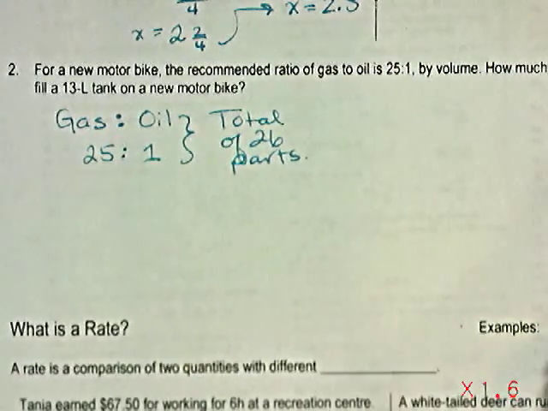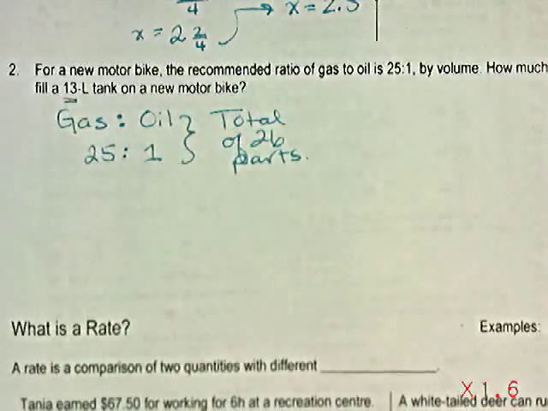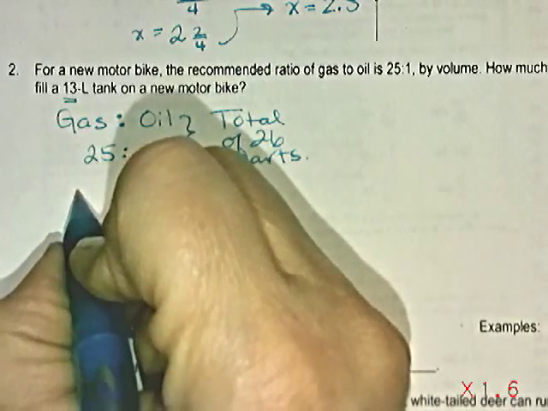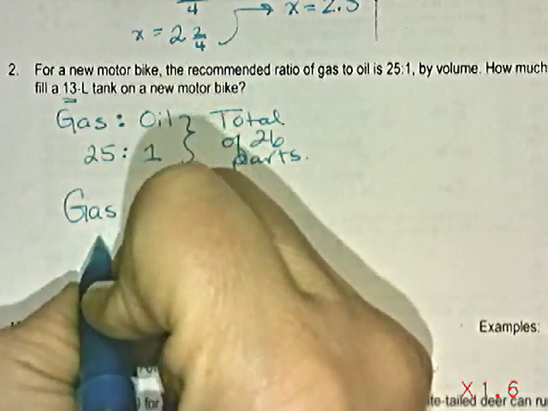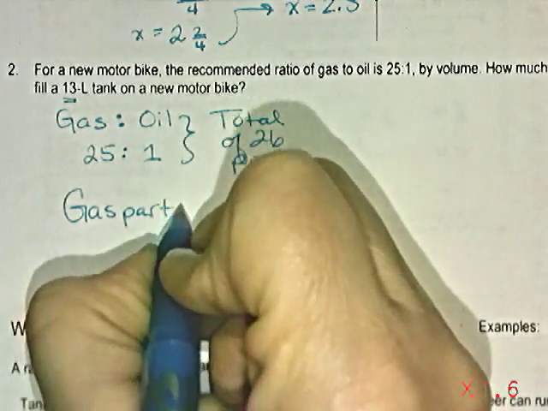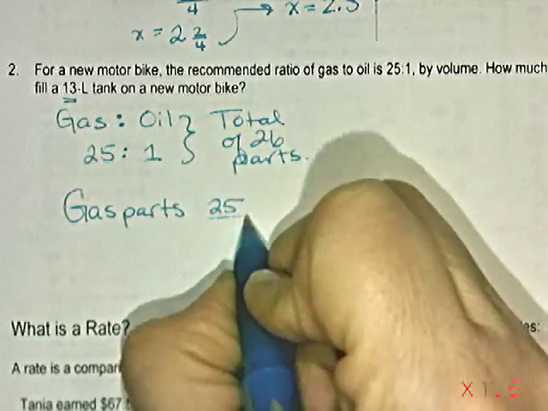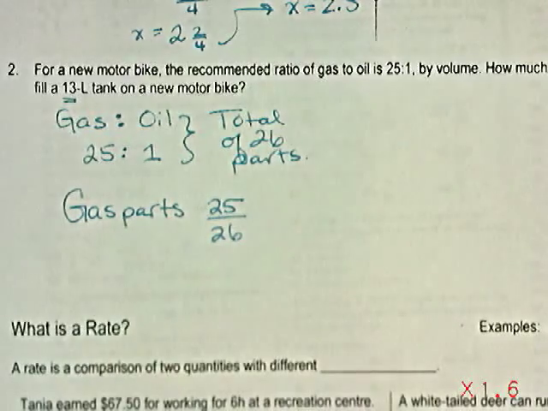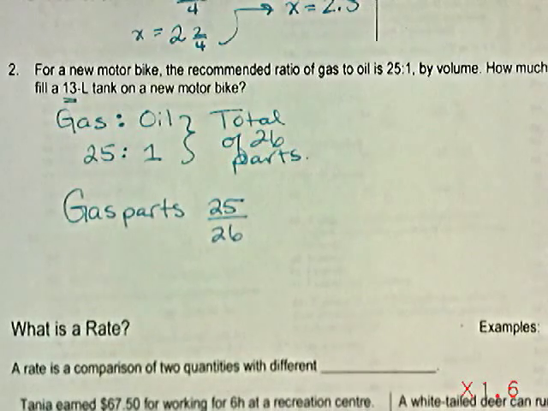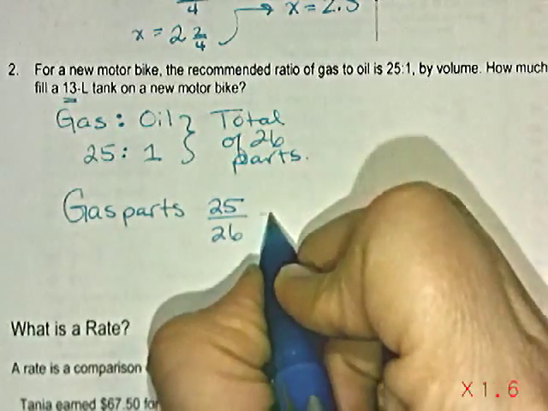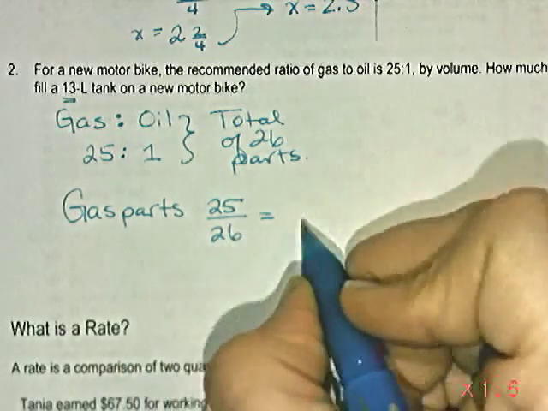We've been told that we only have a 13-liter tank. And so if we take a look at my gas parts, I would have 25 parts out of 26 total parts. But I don't want 26 total parts.